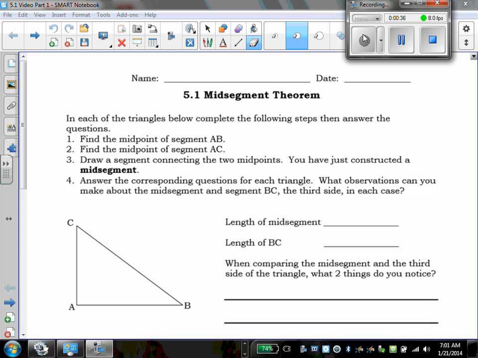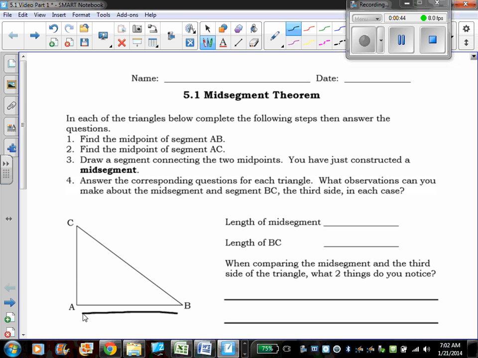So basically what you're going to want to do is use the ruler to find the midpoint of segment AB on each triangle, then use the ruler to find the midpoint of segment AC, that's there, and then draw the segment connecting the two midpoints. That segment, when you connect the two midpoints, is going to be called the mid-segment, and you'll want to answer the questions.